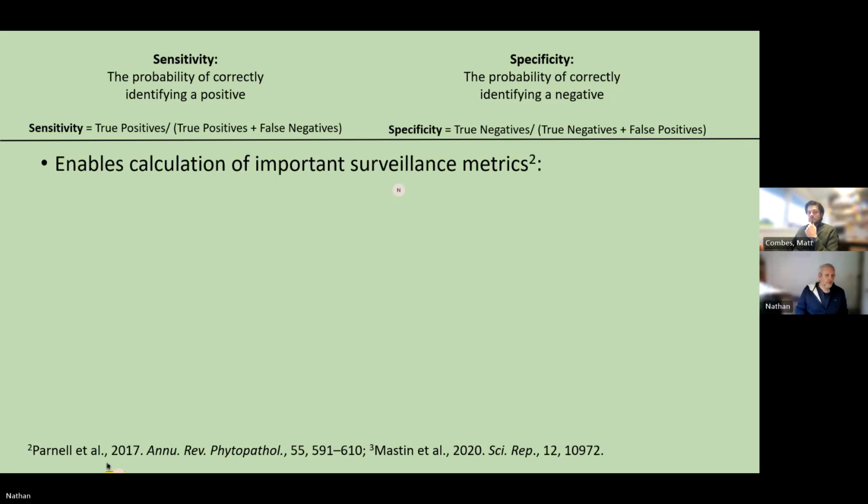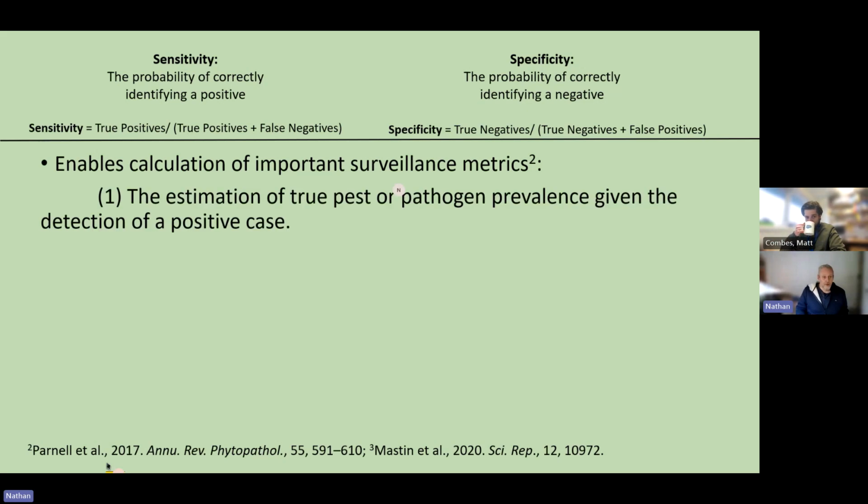So here again, a refresher: sensitivity and specificity, really important. How likely are we to spot things when they're actually there? How likely are we to make a false negative report? We can calculate some important metrics. So we can say pretty quickly what the prevalence is when we detect it.